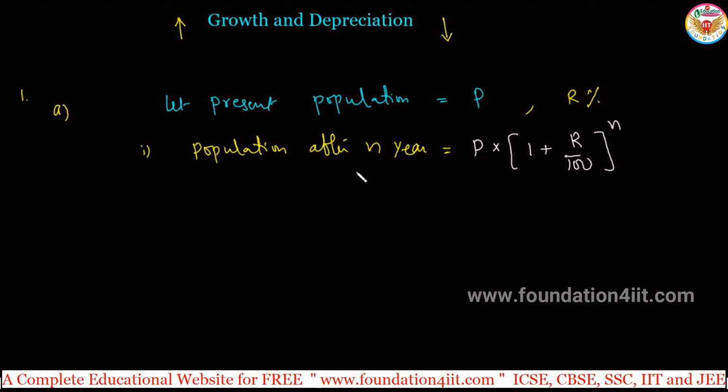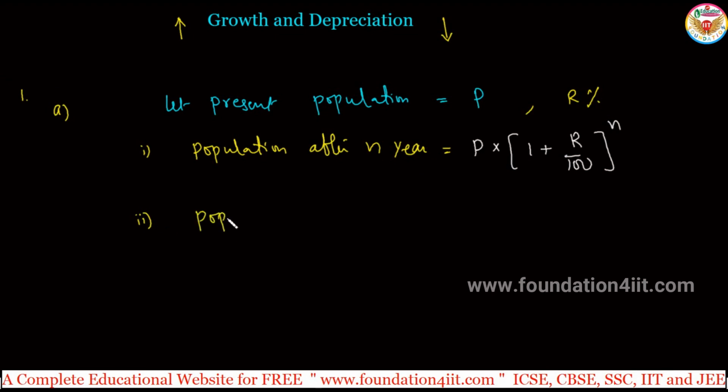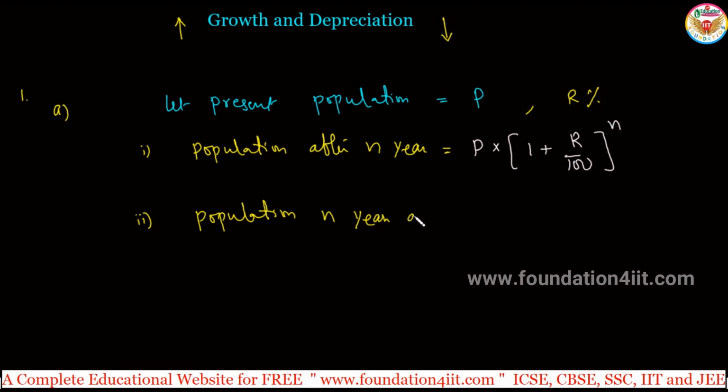This is the population after n years. So after 3 years, P into 1 plus R by 100 power 3. So you apply this. And in the same way, population n years ago. This extra formula we can notice here. I have seen this already in compound interest. In the same way, population n years ago.